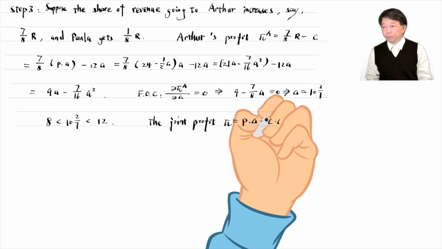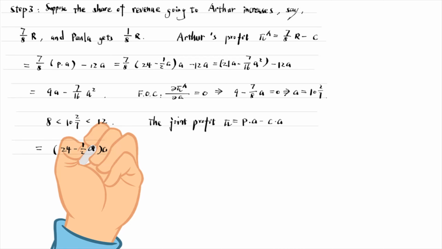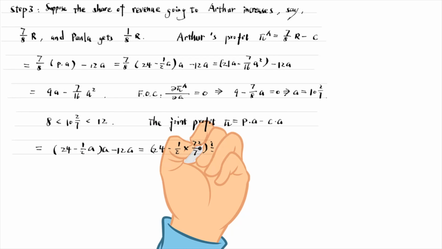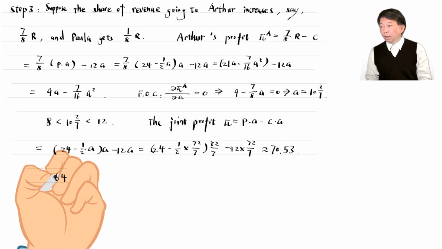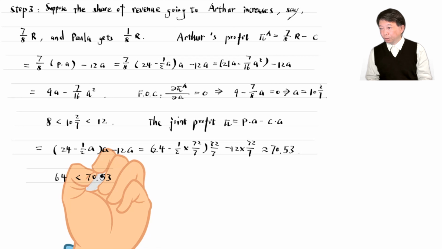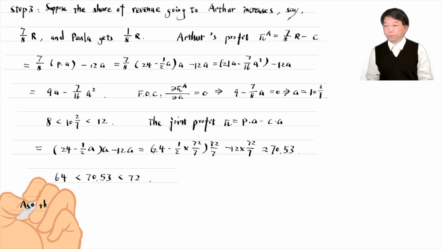The joint profit is about 70.53. Both the quantity and the joint profit increase as the agent's share of revenue increases.